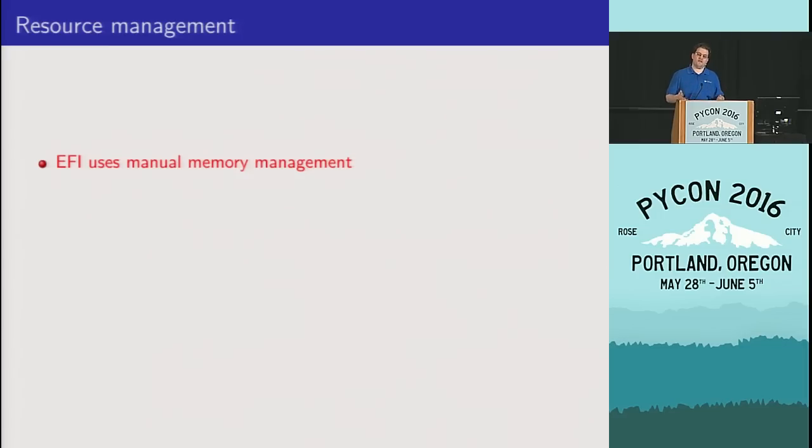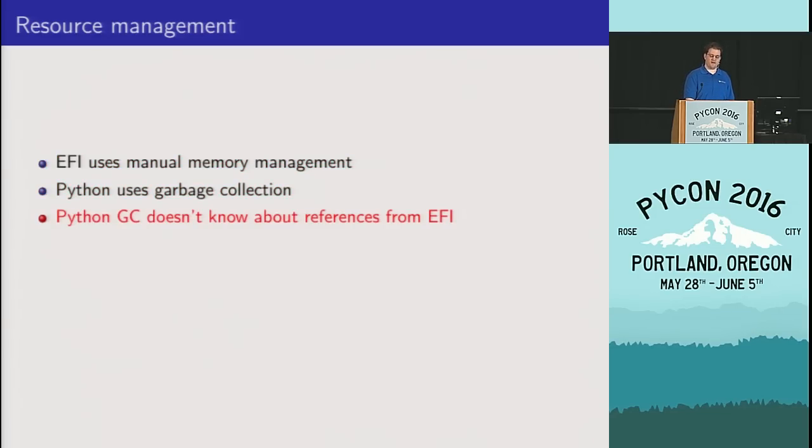So some of the quirks that come up here is, even though this is Python, the EFI calls we're making underneath actually use manual memory management. If you allocate a resource, then you have to free it when you're done with it. We can wrap that in an object to do that for you, but it's not integrated with Python's garbage collector. It doesn't know also about references from EFI.